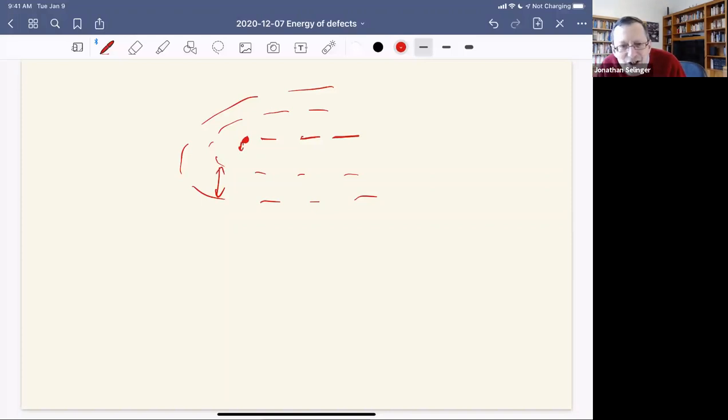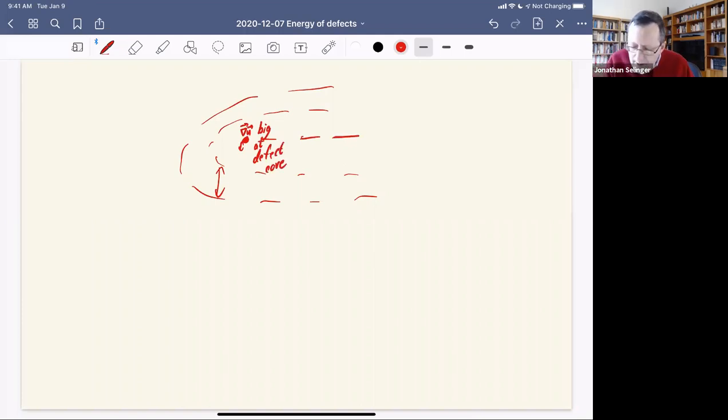And if you get closer and closer to the center, n changes by 45 degrees over a micron or a nanometer or a very small distance, right? And so we could say that the gradients of n are big here at the defect core.